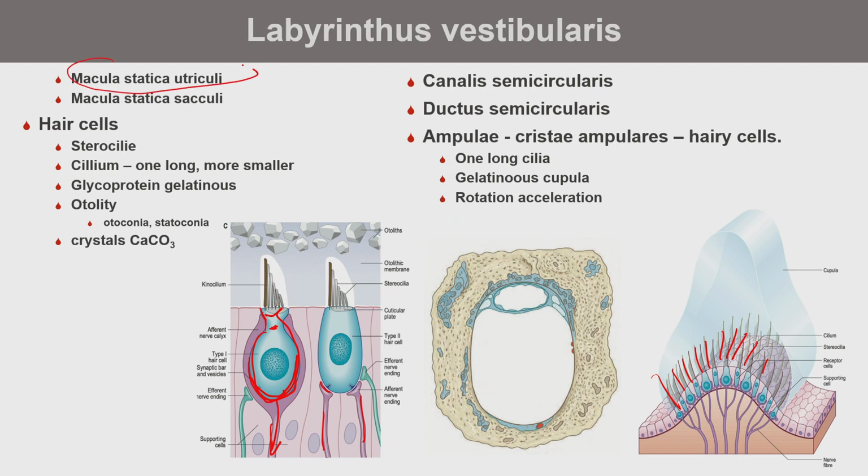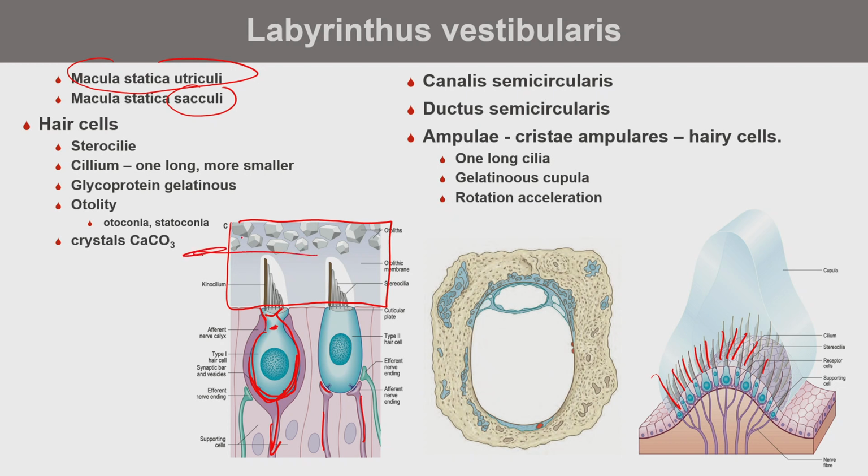and in the static maculae, utriculus and sacculus, the hair cells have stereocilia, one long and smaller ones, and they are in a flat layer of gelatinous glycoprotein substance, in which small crystals of calcium carbonate, CaCO3, are distributed, not dissolved.